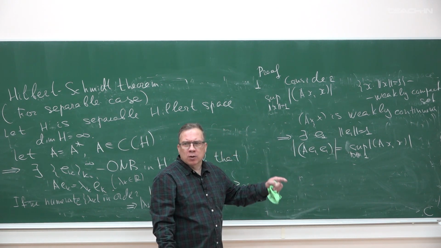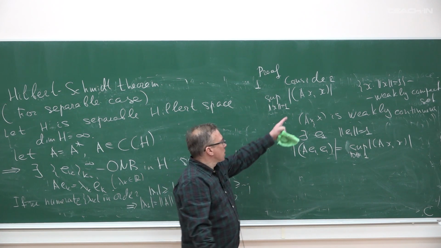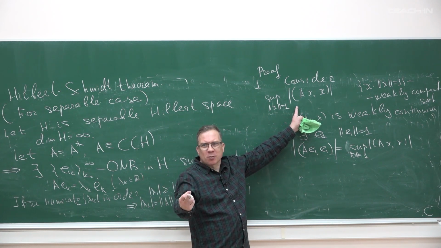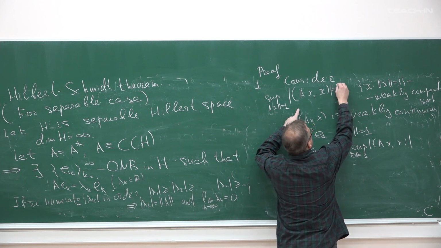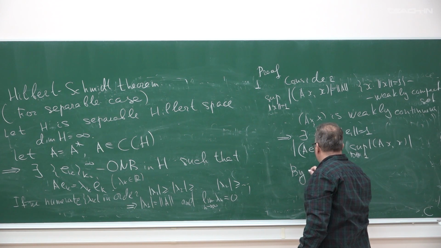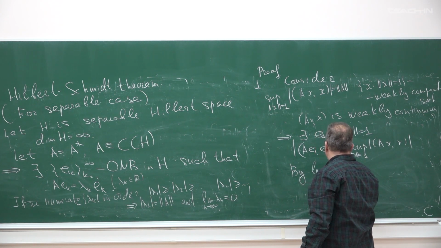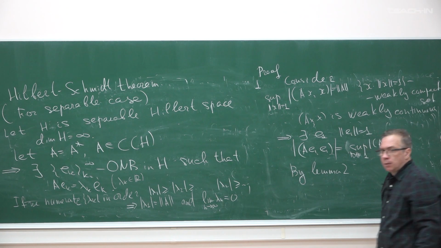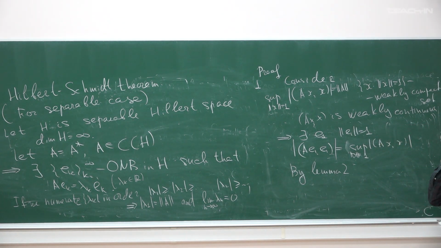And what do we know about the property of a self-adjoint operator? What is the supremum of the quadratic form? It is the norm. And by Lemma 2, look at Lemma 2: if the quadratic form of a self-adjoint operator attains its maximum, then it is an eigenvector.